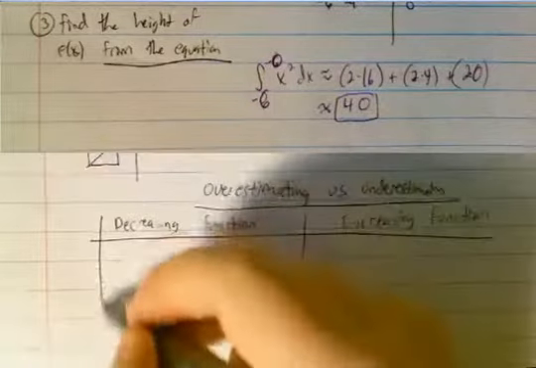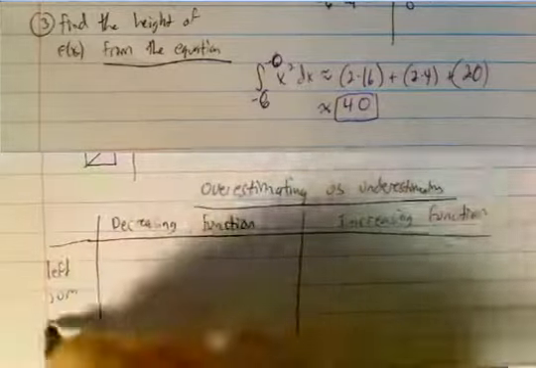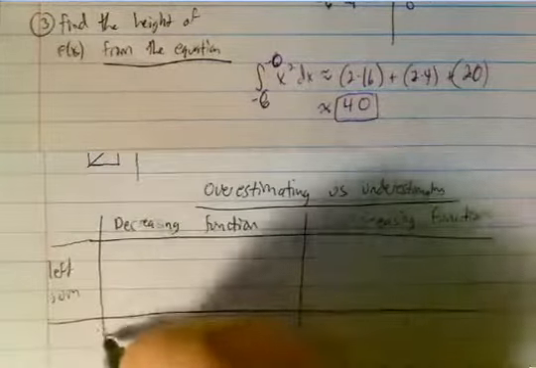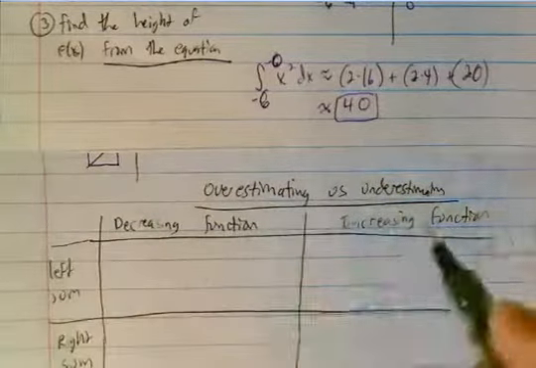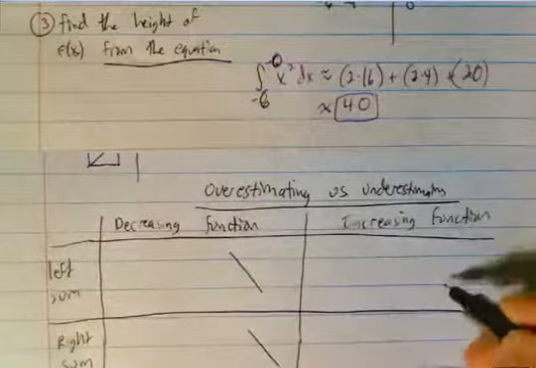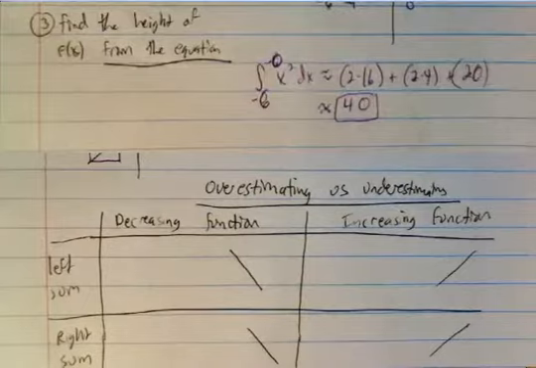We could also have either a left sum or a right sum. So a decreasing function looks like this, an increasing function looks like this.